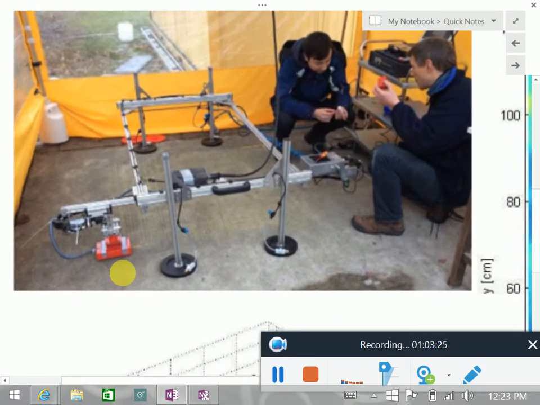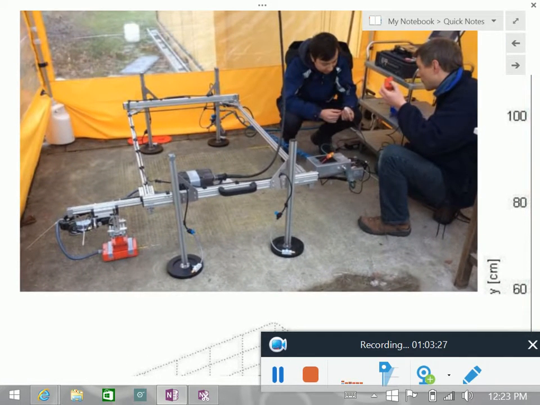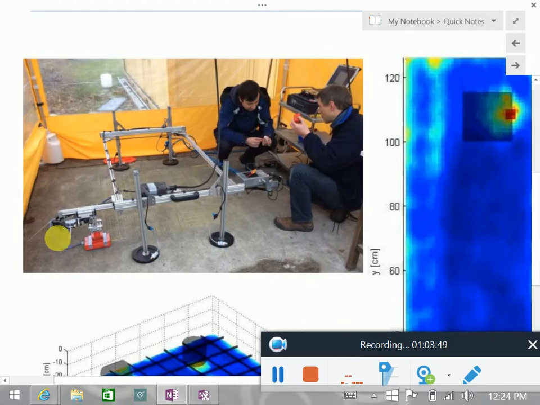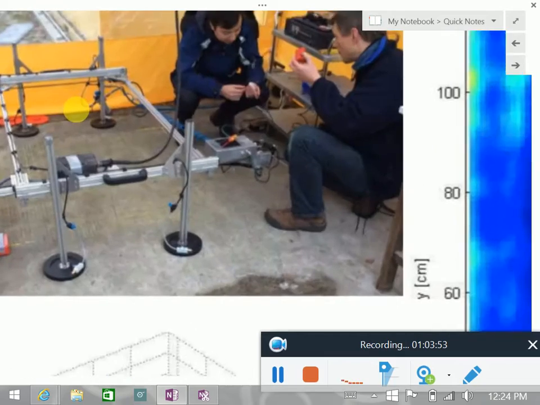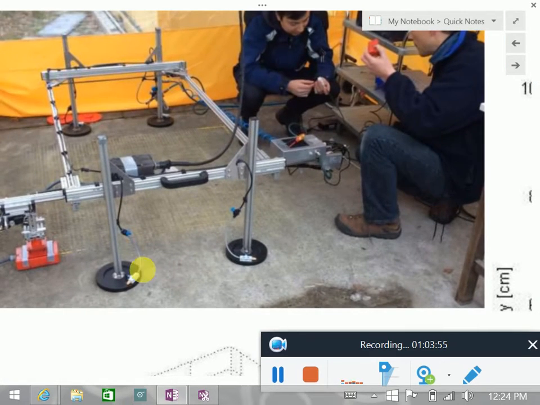Here you can see a scanner. It's actually commercially available, so you can buy any kind of scanner and mount your sensor on it. This is inside this room, and on the bottom is the slab. The weather has been bad, so that's why they're inside the temporary tent. And you collect the data at different locations.